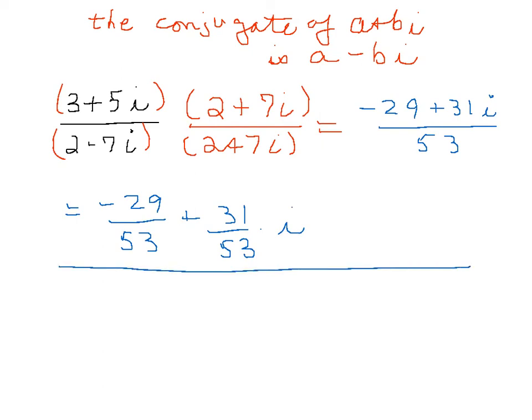Let's just go back for a second to talk about the conjugate. The whole reason why the conjugate works is if I take anything like a plus bi and multiply by its conjugate, right?